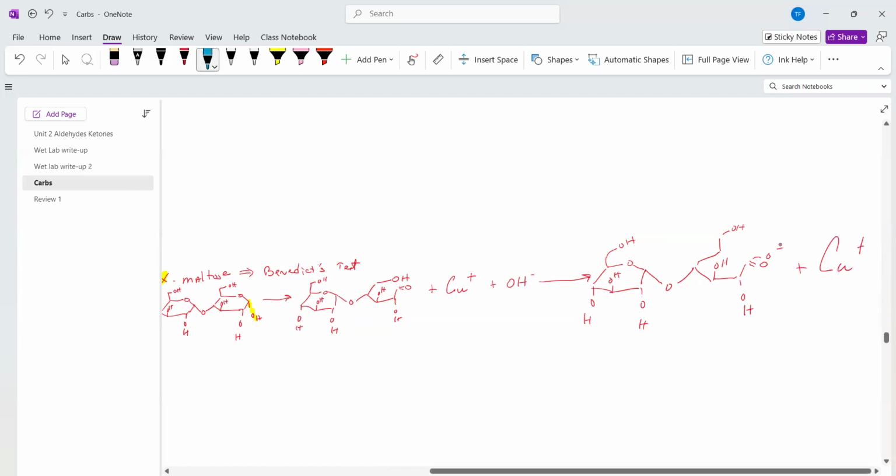So the copper plus 2 gets reduced, and the aldehyde gets oxidized.